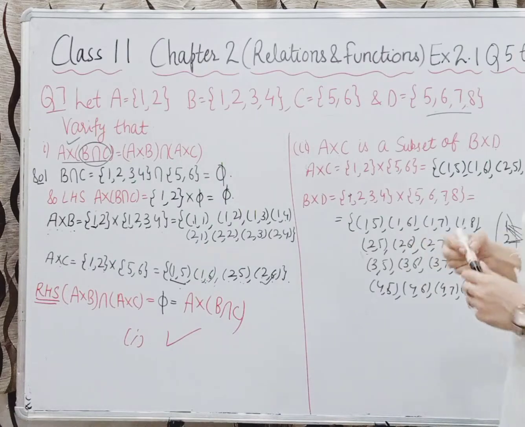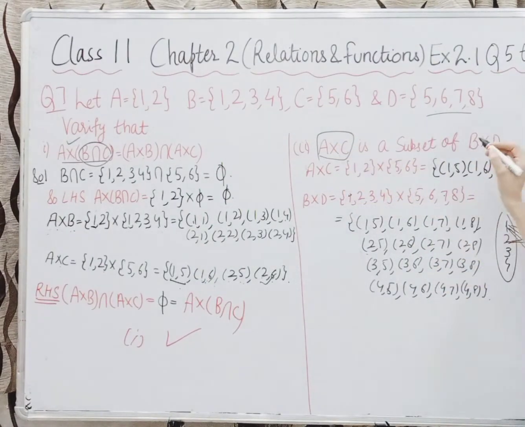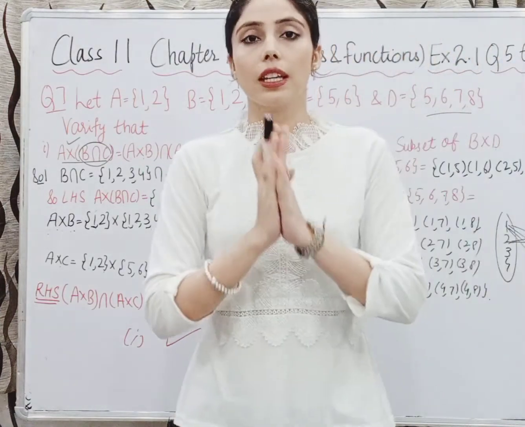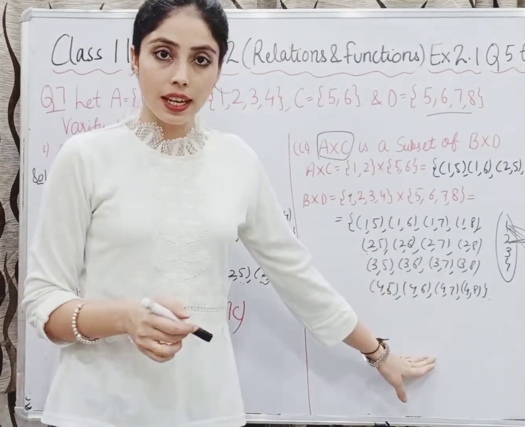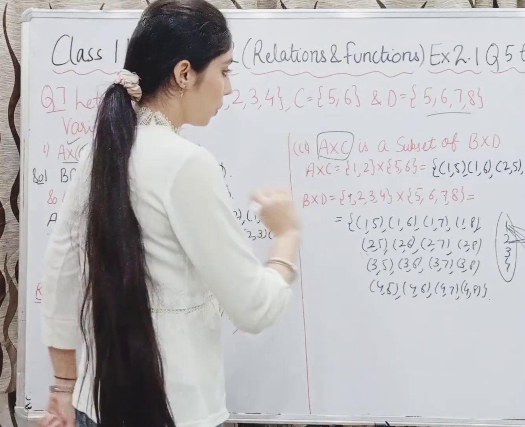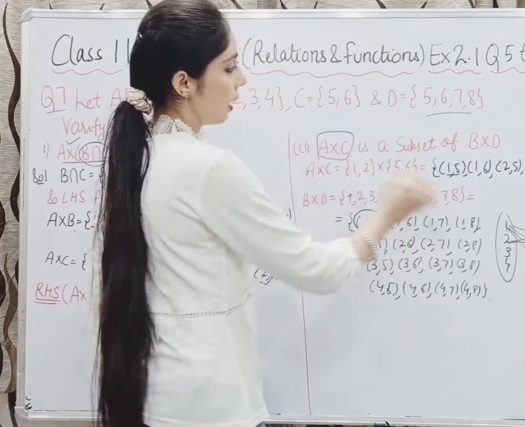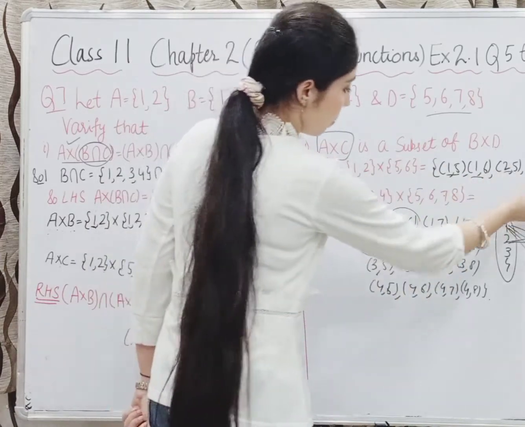Okay. Next, what do we have to check? We have to check whether A cross C is a subset of B cross D. We all know what a subset is. If all the elements of some particular set are in the bigger set, then the smaller set is called the subset. Okay. So we will check, is (1,5) in the bigger set? Yes. (1,6)? Yes. (2,5)? Yes. (2,6)?